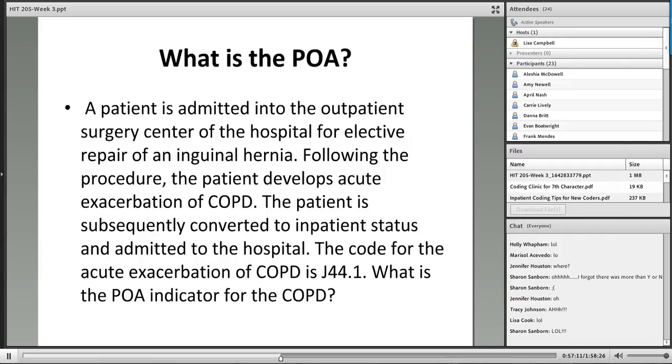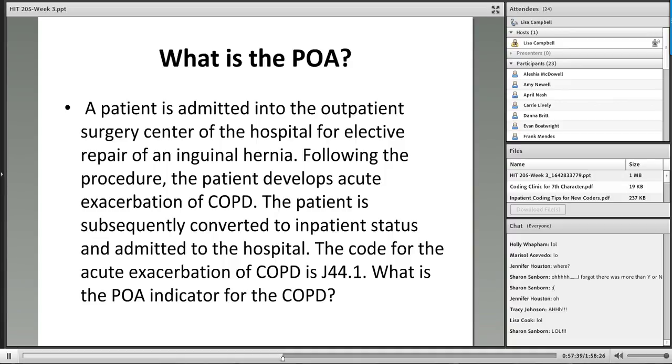Next up, a patient is admitted into the outpatient surgery center of the hospital for elective repair of an inguinal hernia. Following the procedure, the patient develops acute exacerbation of COPD, and the patient is subsequently converted to inpatient status and admitted to the hospital.